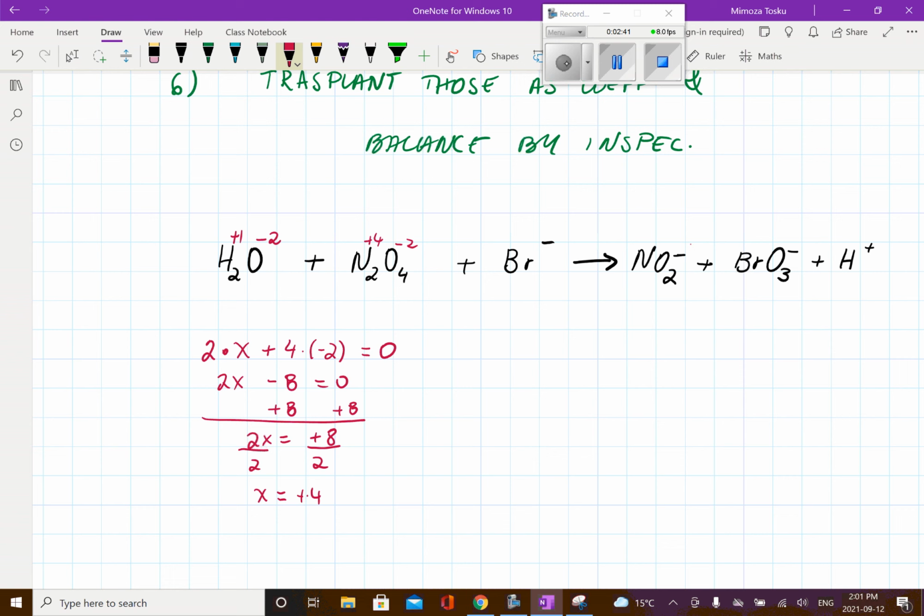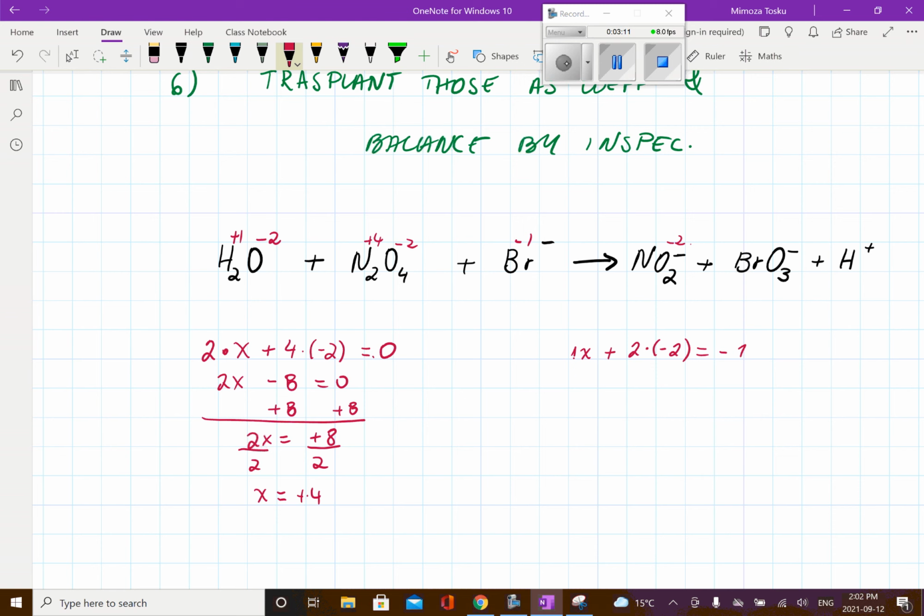The oxidation number of bromide, since it is an ion, is -1. And the same logic we used for finding the oxidation number of nitrogen applies, but now instead of equating it to 0, as we did in this case here, we will equate it to -1, since it is in ion form.